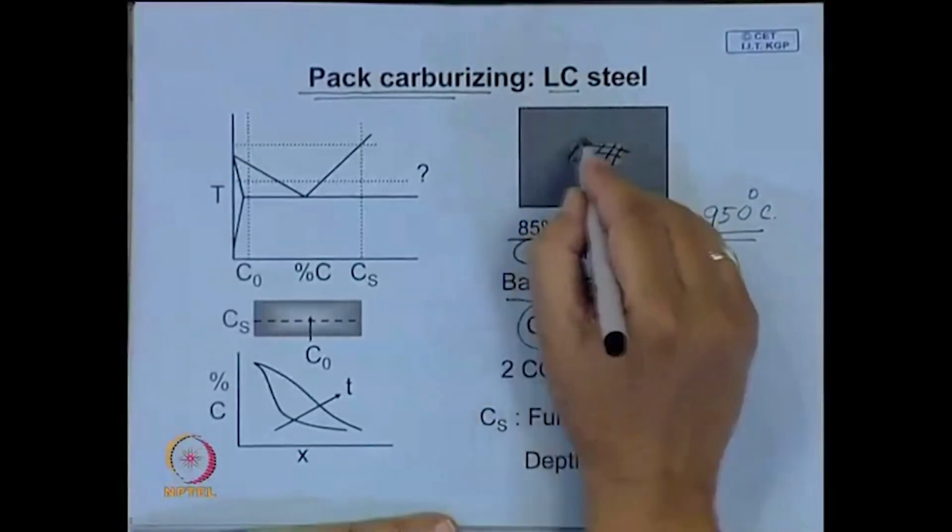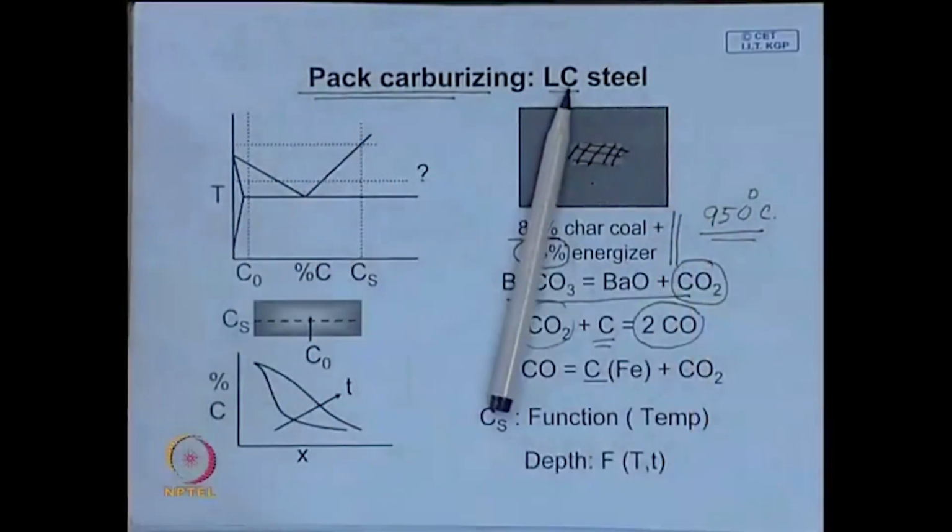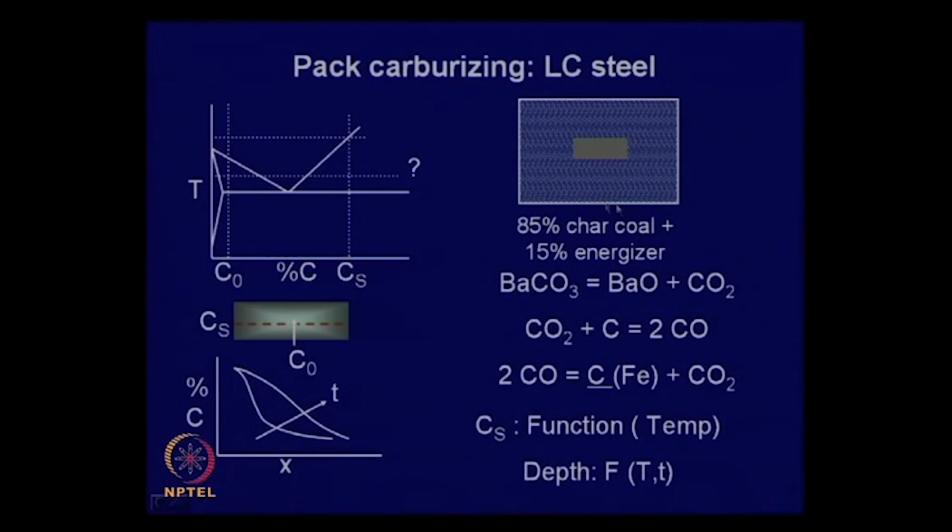So, surrounding this particular job, you will have a gaseous environment consisting primarily of CO and CO2. In the presence of steel at the surface, the CO decomposes, and this carbon is nascent carbon, which has very high activity.